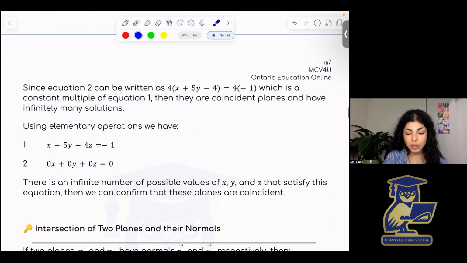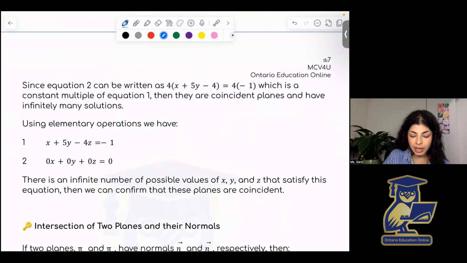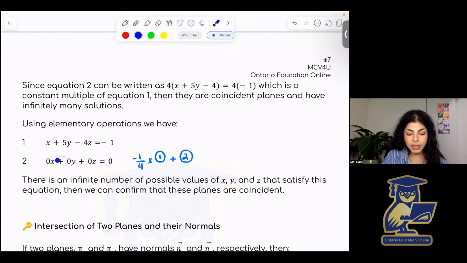Now, using our elementary operations, if we do a negative quarter of equation 1 plus equation 2, then we end up with 0x plus 0y plus 0z is equal to 0. In this case, any value of x, y, and z that you choose doesn't matter because they all have a coefficient of 0, and so ultimately you do end up with 0 regardless of what x, y, and z values you have.